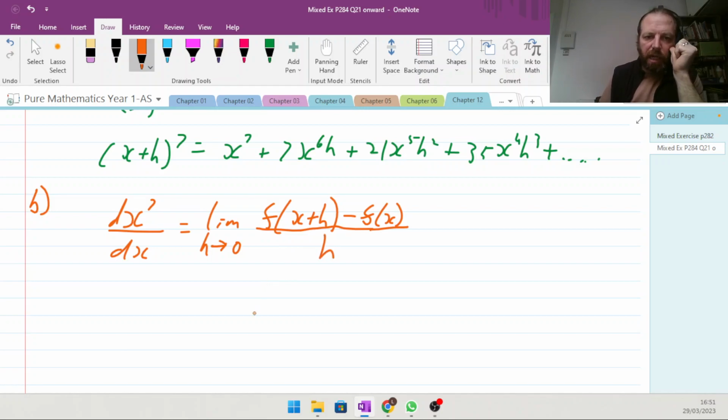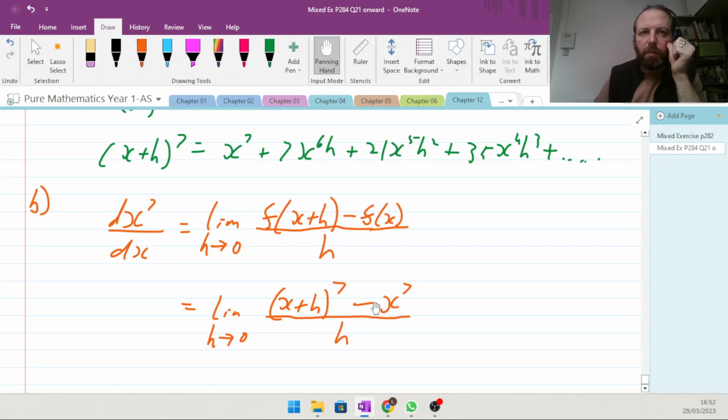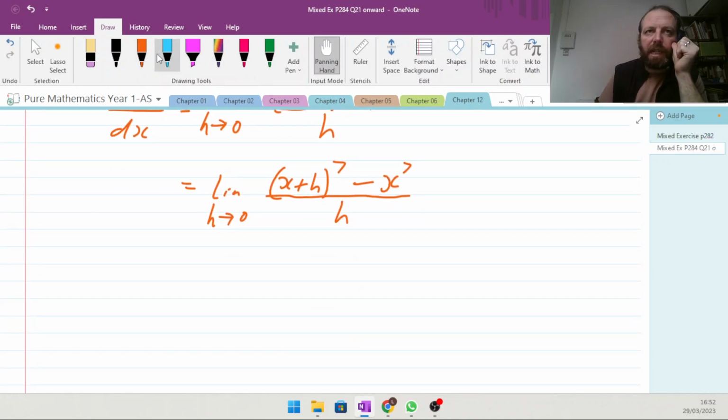And so we end up with the limit as h tends to 0 of (x + h) to the power 7 minus x to the 7, all over h.